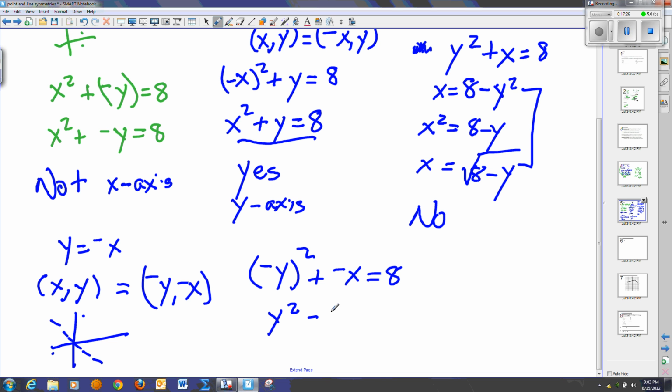Opposite of x is just minus x. That's equal to 8. We're trying to get an x squared value in our answer, and there's no way that's going to happen, because in order to get y by itself, I'd have to square root it, thus x never becomes squared. So no, I've shown that that is not symmetric.